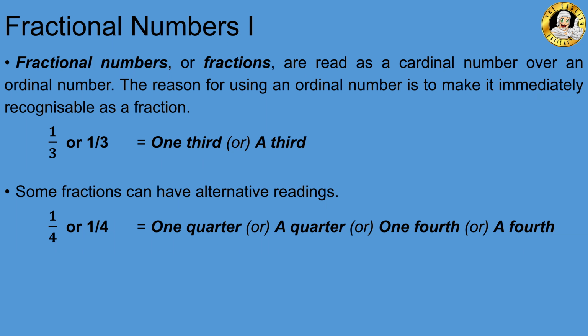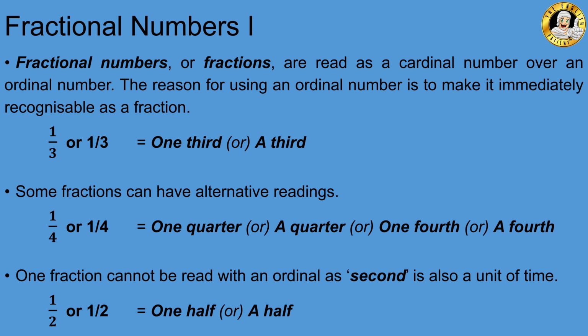Now note that some fractions actually have alternative readings as well. So this could be read as one fourth, which is a little bit long, which is why we'll read it as one fourth. So cardinal over ordinal number.